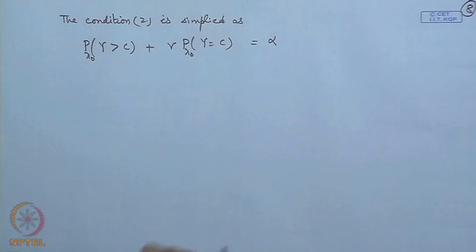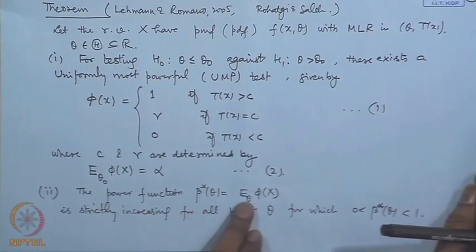Now, another point which I would like to explain here: in the case of simple versus simple hypothesis, we had the probability of type 1 error as a single value, but when we have a composite null hypothesis, the probability of type 1 error is a function. However, this is an increasing function, which I mentioned in the statement of the theorem also, that the power function is strictly increasing.